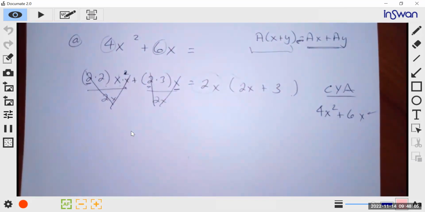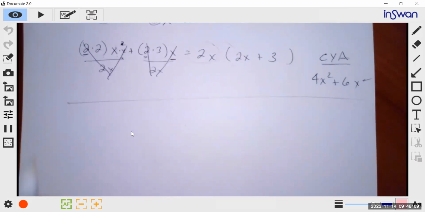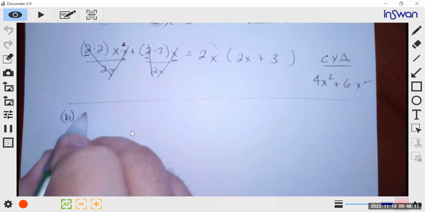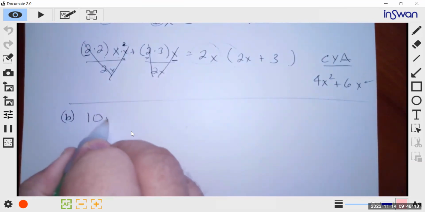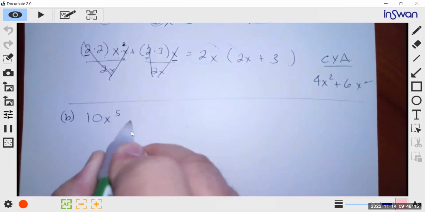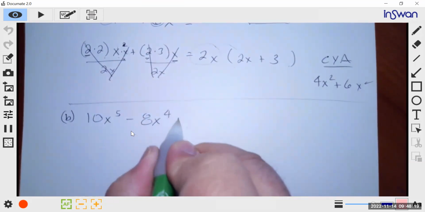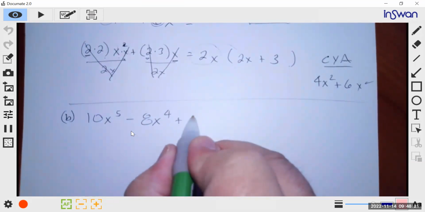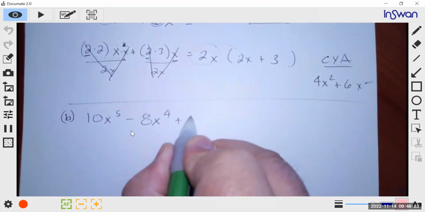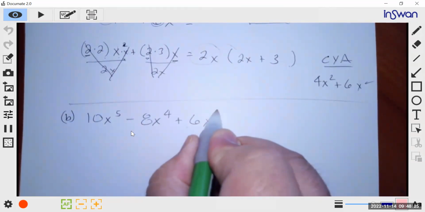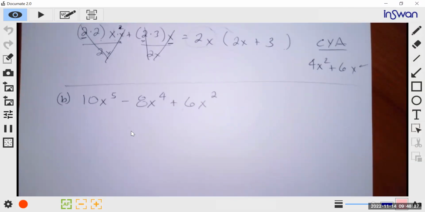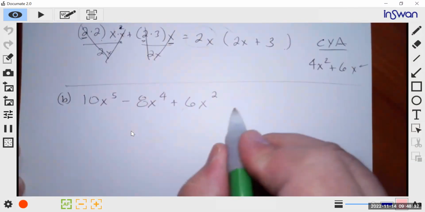So that's the right answer. Ten x to the 5th minus 8x to the 4th plus 6x squared. What do they all have in common?